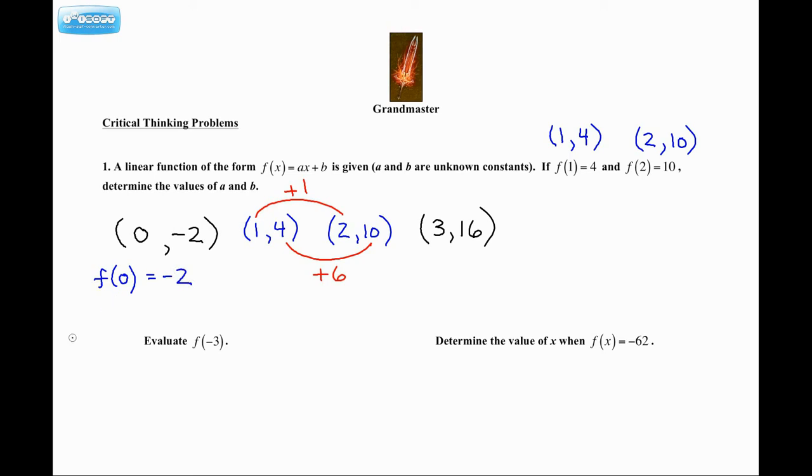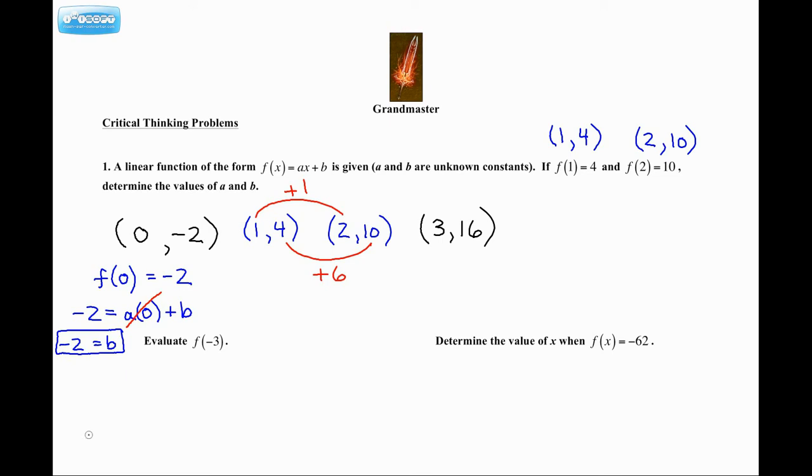What that means is negative 2 must be equal to a times 0 plus b. It has to satisfy that equation. The reason this is so useful is because a times 0 is just 0. So all you get is negative 2 is b. We've actually found one of the unknown variables that we wanted.